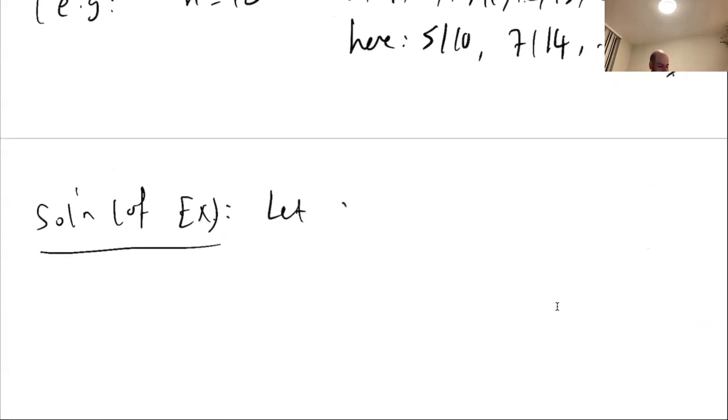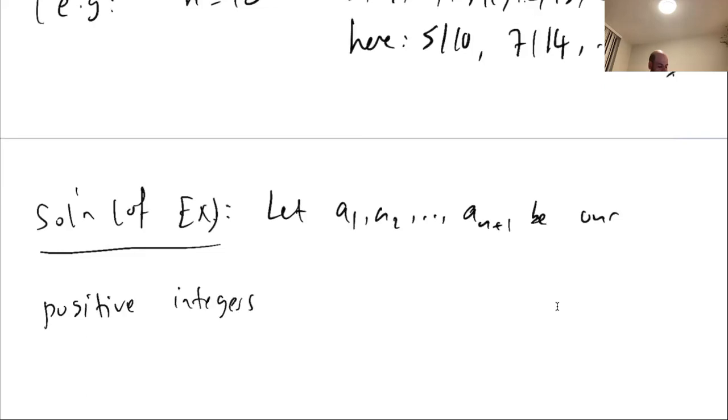So let a1, a2 to a(n+1) be our positive integers with ai less than or equal to 2n for every i between 1 and n+1. All of our integers are less than or equal to 2n. None of them exceed 2n, which means that all of them are less than or equal to 2n.